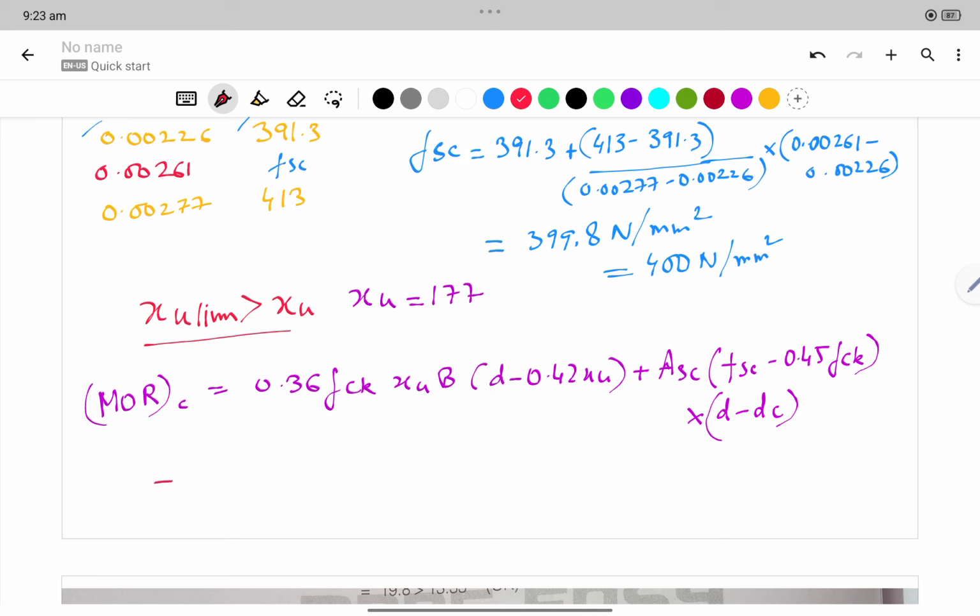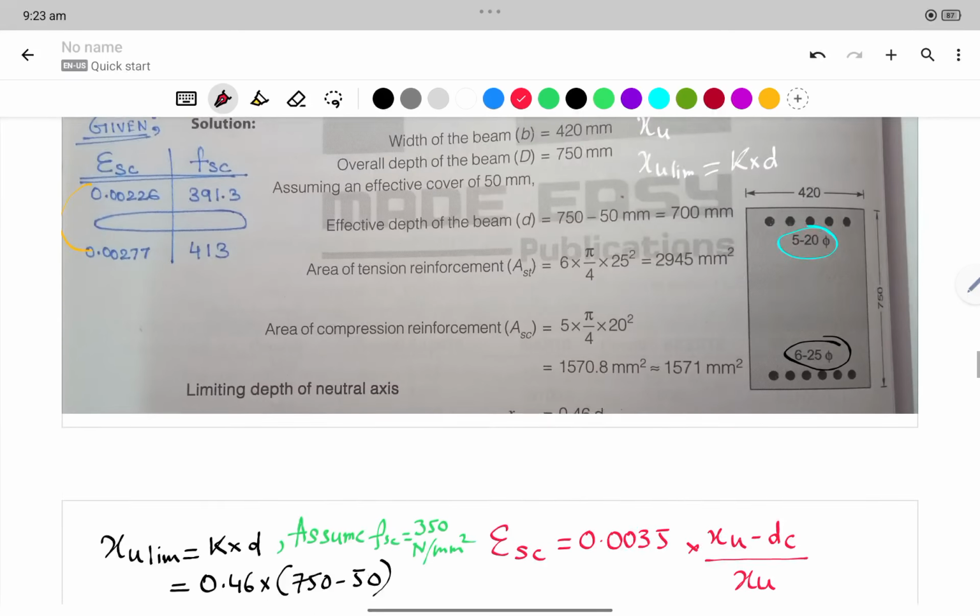So see, 0.36 FCK, FCK is 25, into XU. XU is 177. B, what is the B?